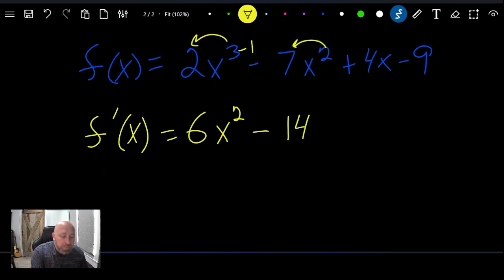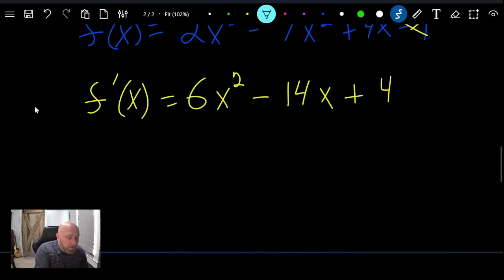That's going to give us 14. And then we subtract 1, and we just get x to the first, or just x. Now we take our 1 and multiply it by our 4. So we get a 4. Plus 4. The x goes away on this one when we subtract our 1. And the derivative of any constant just goes away. So there's the first derivative of that one.